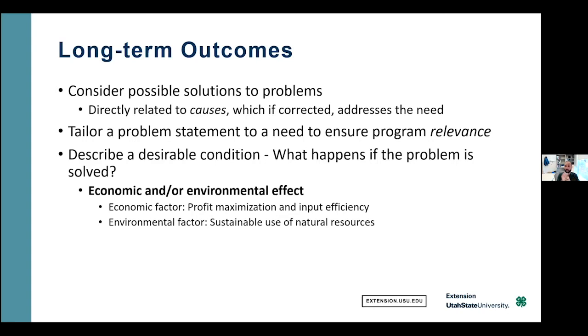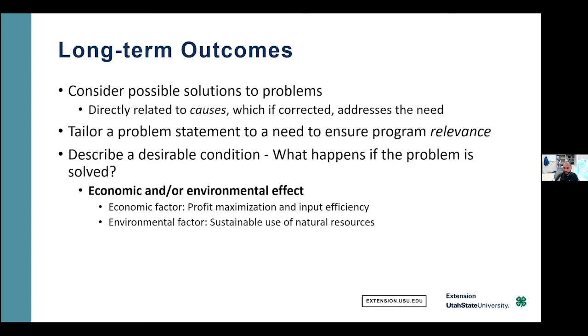So ideally, those are long-term outcomes, but we must ensure that those solutions are directly aligned to whatever the problem or need was. Because then we can make the statement that if we solve this issue, then this issue relates to that need. So we tailor the problem statement to that need and tailor that solution to ensure that our program is relevant.